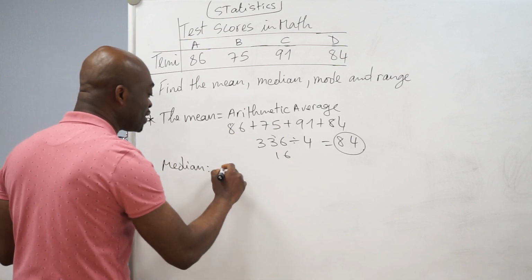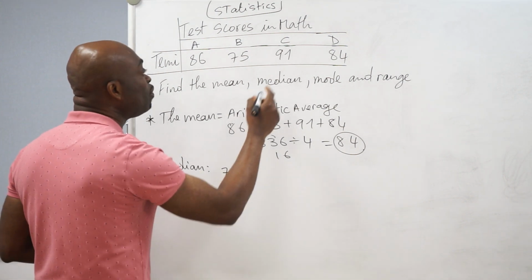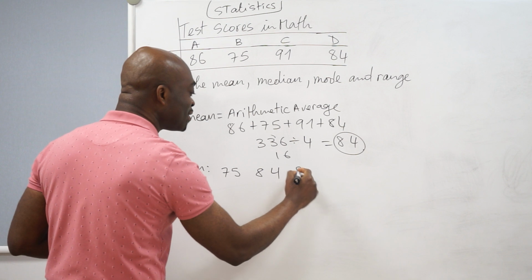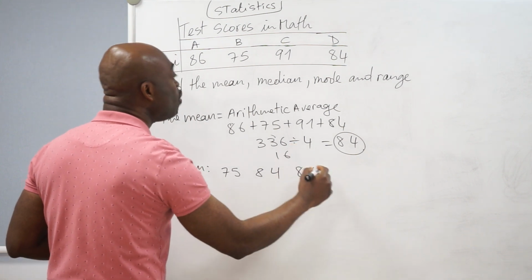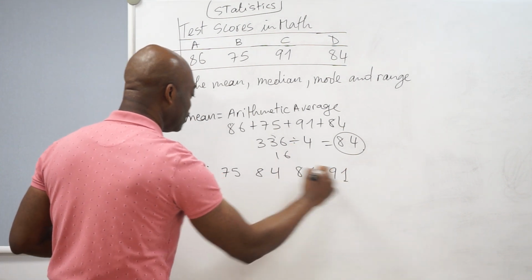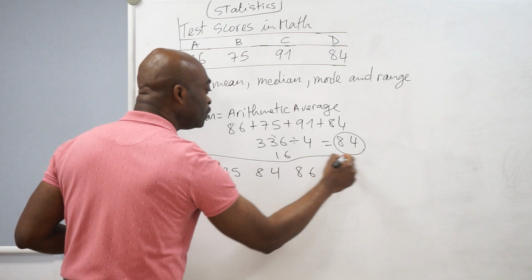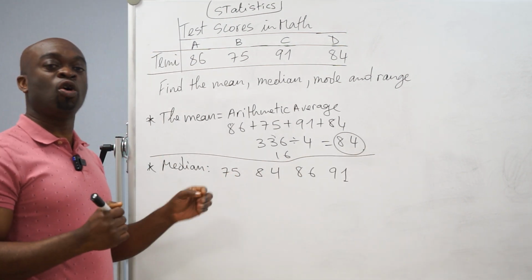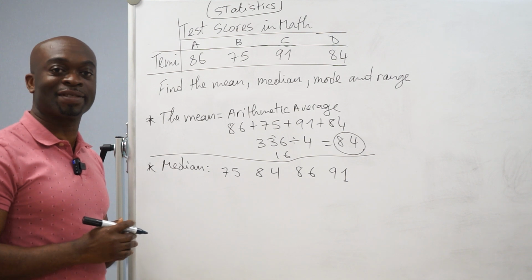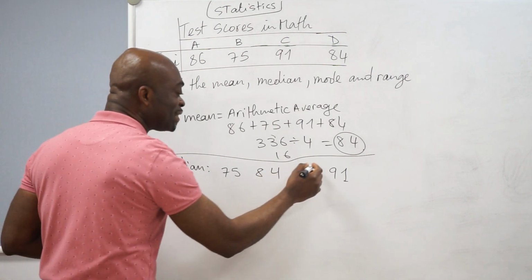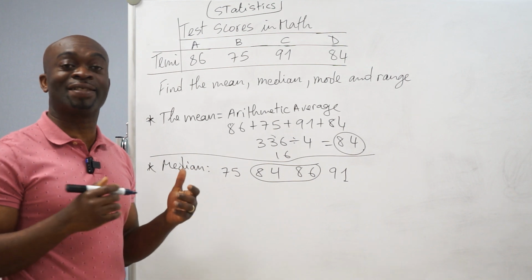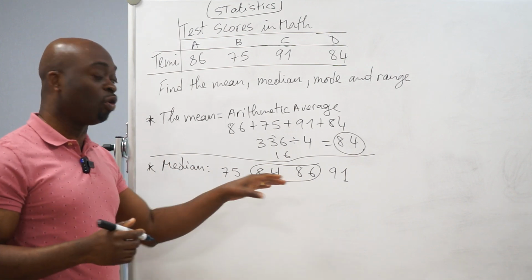So the lowest one, which is 75, and then we go with 84, then 86, and then 91. Okay? So that's how we put it into order, and then we go right to the middle of the data set. It just happens that we have 2 numbers in the middle because we're dealing with a data set that has an even number of values, which is 4 of them.